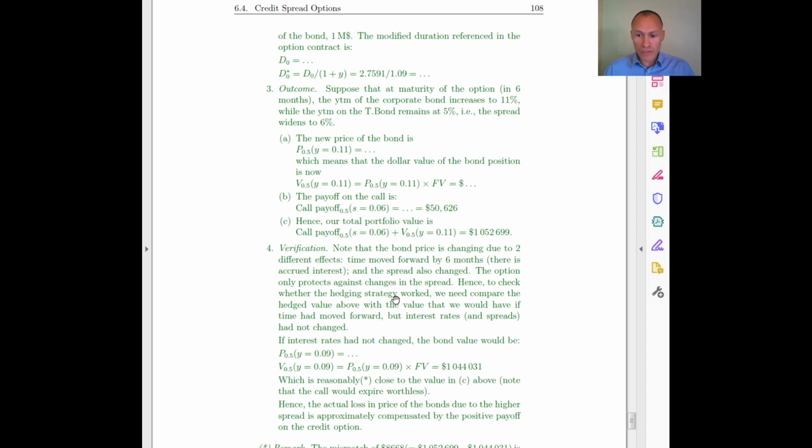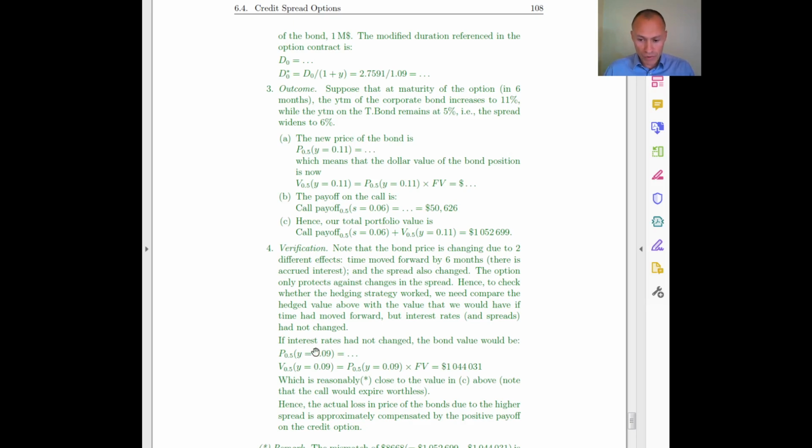So what I'm going to do is compare the value that I get here to the value that I would have if time had moved forward, like it needs to, but interest rates and therefore spreads had not changed. What does that mean? I'm going to compute the value that I would have at time 0.5 if the spread had remained at 4%, or in other words, if the yield had remained at the initial 9%.